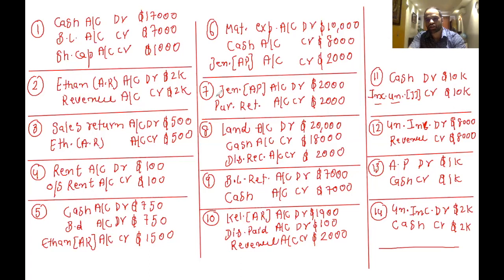Sometimes cash is in, sometimes out, in, out. So how much is left after these 14 journal entries? Is it easy to find, or does it take time, or is it difficult? It takes time to find.